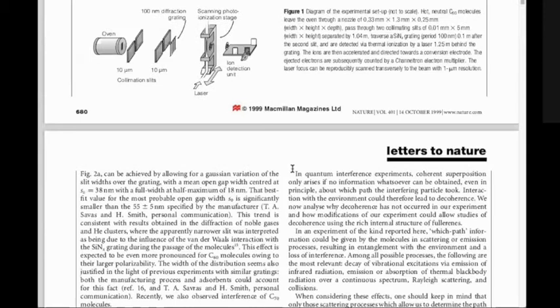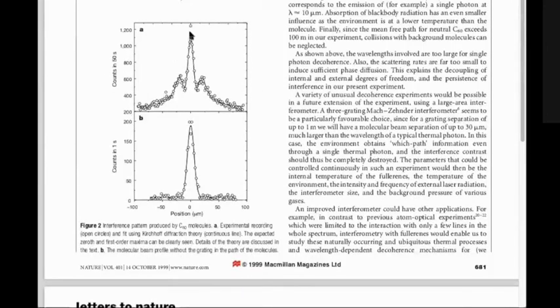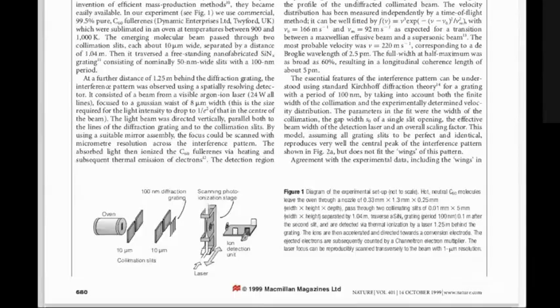And lo and behold, they looked at the counts, and they found a peak and a peak and a peak, and that's because particles also have wave-like behavior. For C60 molecules at that time, that was the biggest record. People had done this with electrons before, but not with anything as big as 60 carbon atoms. So it's quite crazy that it works, and it's a beautiful experiment. Anyway, it was 20 years ago.